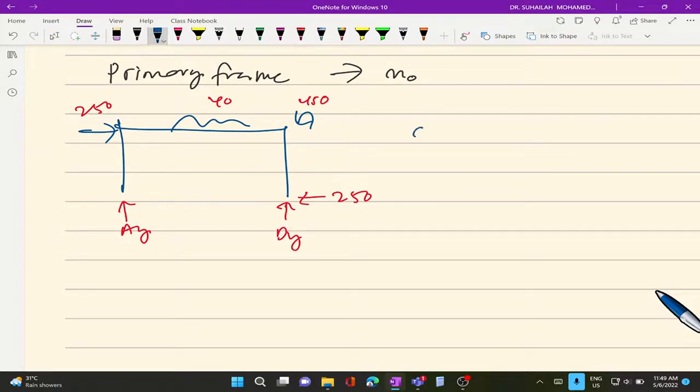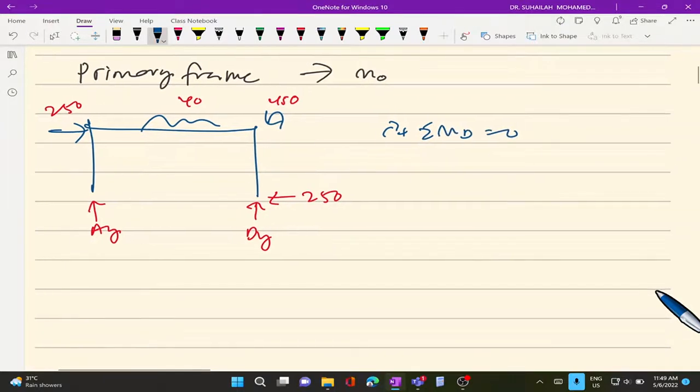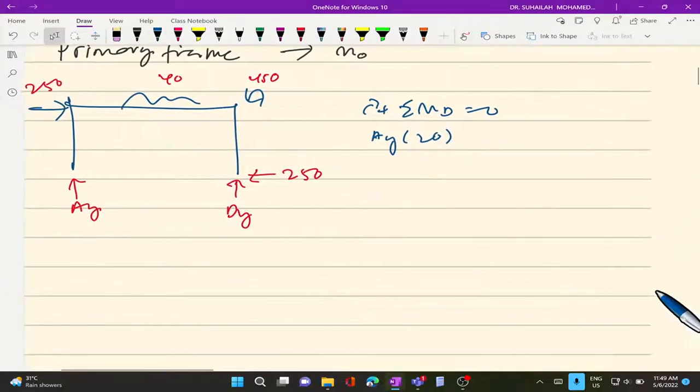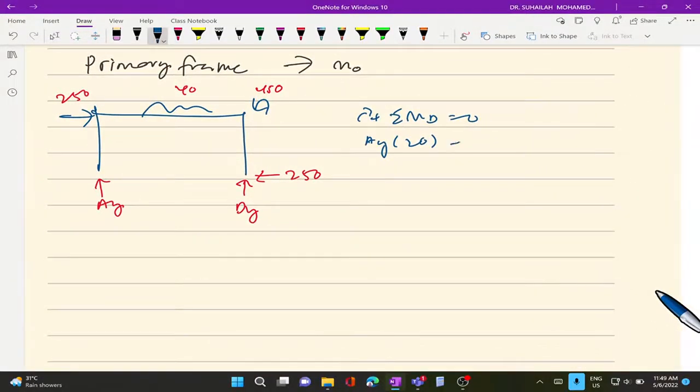So by taking moment at position D, which is equal to 0, so we get AY times 20, because it is 20, yeah? AY times 20. Okay, we have to plus with 250 times 5.